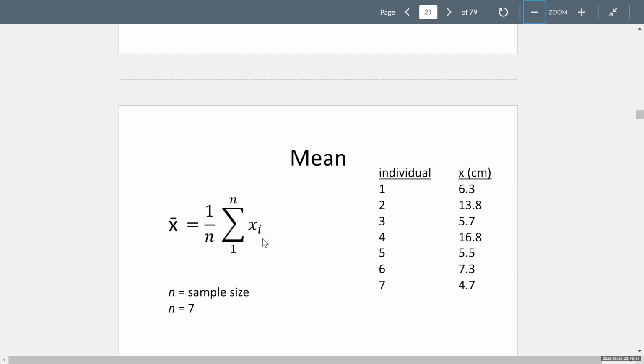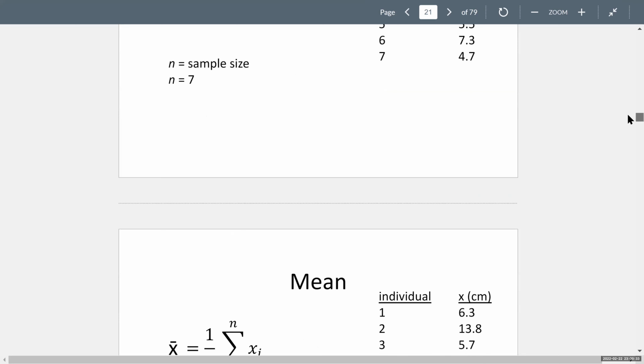Our little x sub 1 is going to be the value that goes with the first individual, and that's going to be 6.3. And then we're going to take the little x sub 2, cycling through all of our values for little i. So then we're going to add 13.8, and so on and so forth. We're going to show that in the next slide.